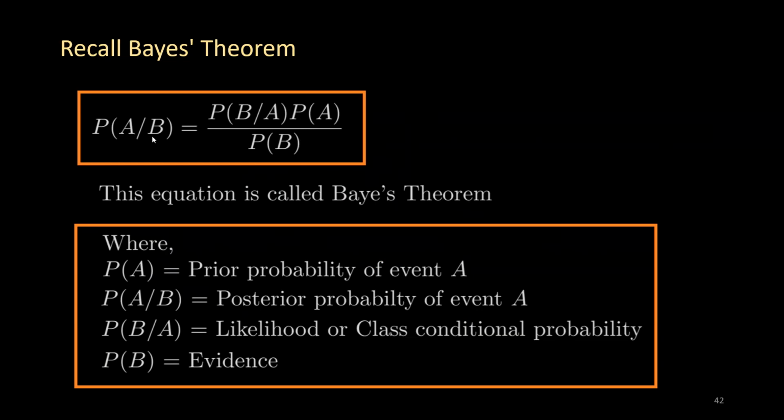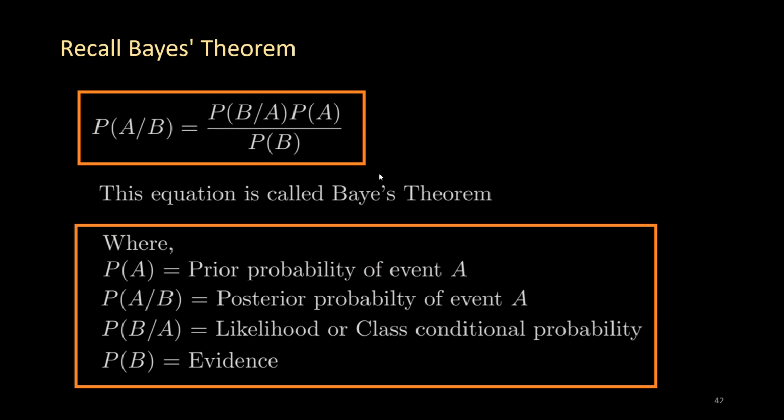P(A|B) is the conditional probability of event A, conditioned on the event B. It is also the posterior probability of event A, that is, given that event B has occurred, what is the posterior probability of event A? P(B) is the evidence, or the probability of event B. And another important term, P(B|A), is called the likelihood or class conditional probability. So we have refreshed our Bayes theorem.